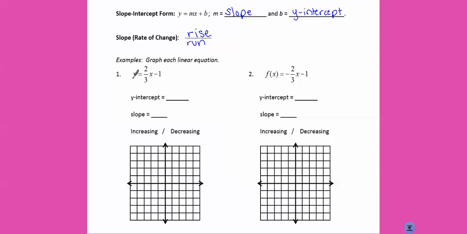So our first example, y equals 2/3 x minus 1. Our y-intercept is the number on the end, so -1, and our slope is the number in front of the x.